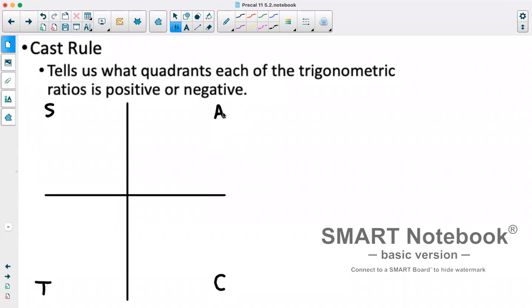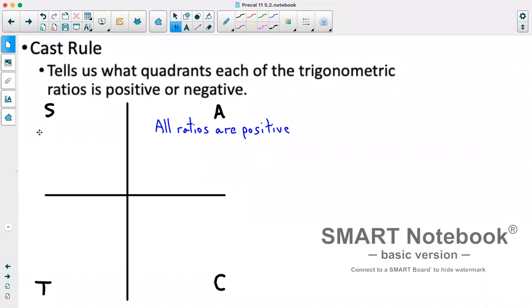So quadrant 1, which we have for A. So CAST, we spell out CAST starting in quadrant 4 and going counterclockwise. So A stands for all ratios. So in quadrant 1, all ratios are positive.